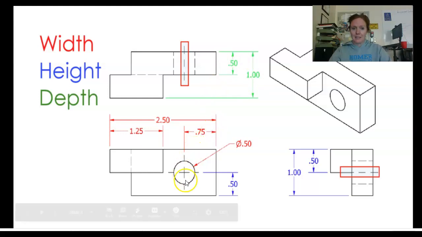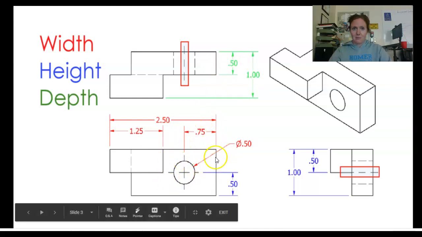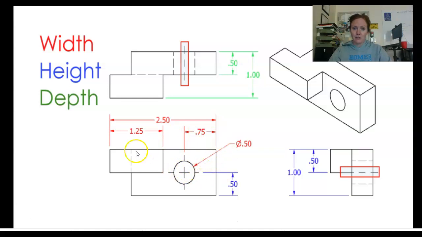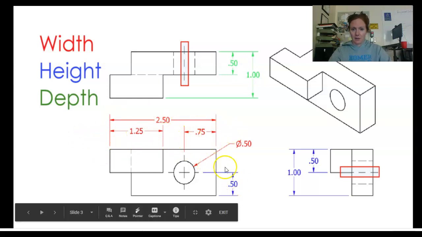You will never put depth measurements, say, on the front view. The front view always shows the width of the object. So all of these measurements show the width, and they're always placed here at the top of the drawing. And we'll talk about these two in a second.